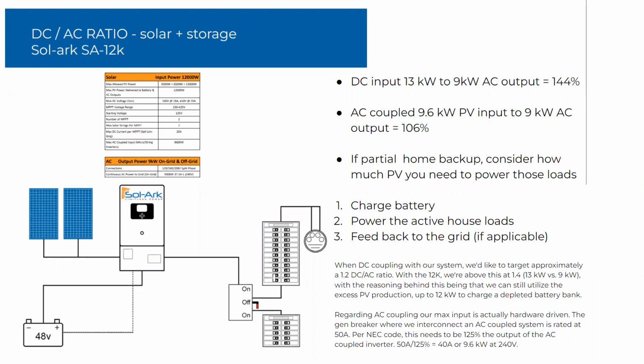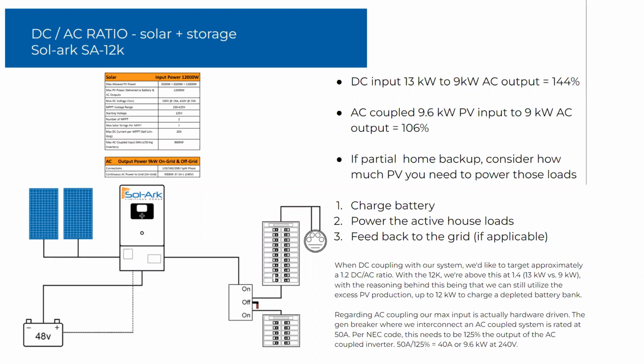Okay, if partial home backup, consider how much PV you need to power those loads. So again, similarly to the battery only being used in emergency situations, or if you're only using the battery for self-consumption at night, we want to know, when is my battery being used and how much is my battery being used?